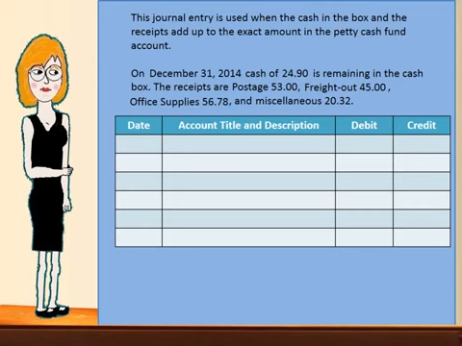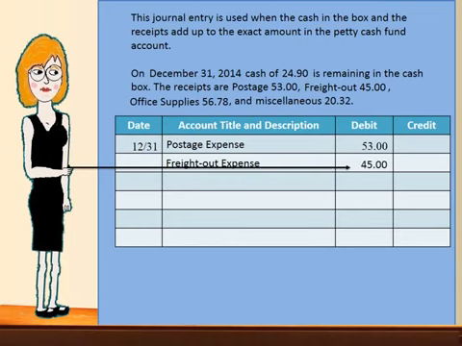On December 31st, we had postage of $53, so we will have postage expense for the $53. Freight out, which is sending things to customers, will be debited to freight out for $45.